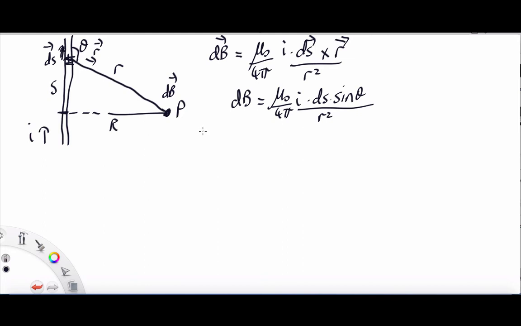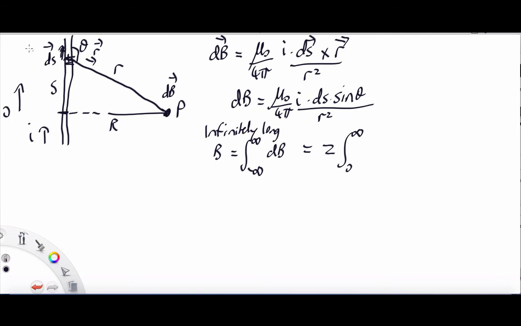Now we assume the wire is infinitely long. So our total field will be the integral from minus infinity to infinity of dB, and that will equal 2 times the integral from 0 to infinity of dB.